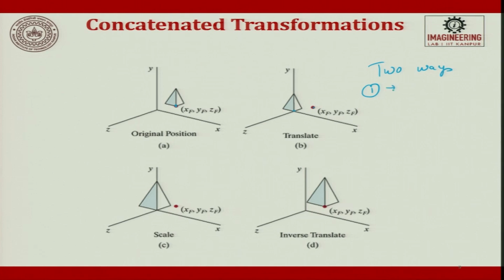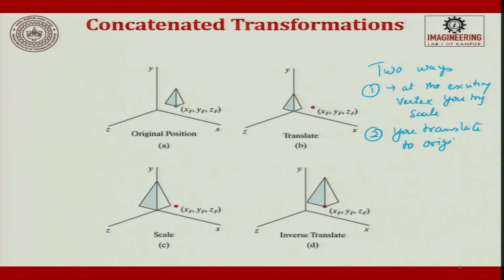First way is at the existing vertex itself, you scale. Second, you translate to origin, scale it, and then translate to that point.